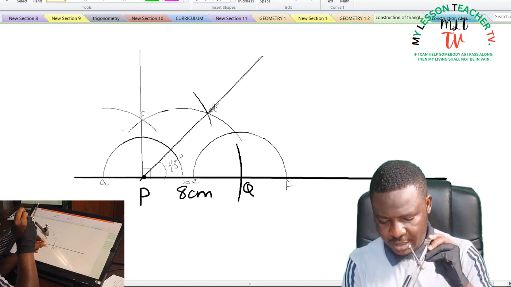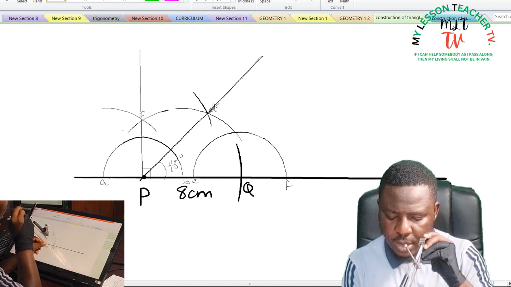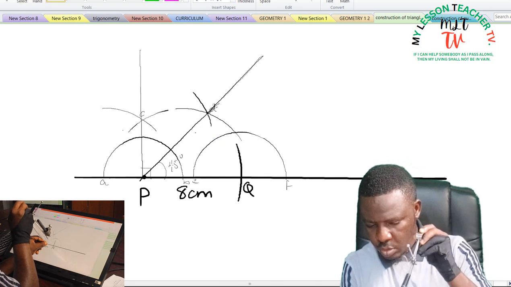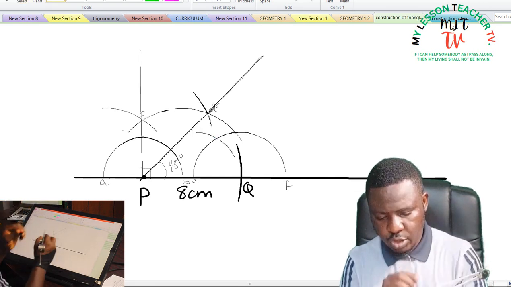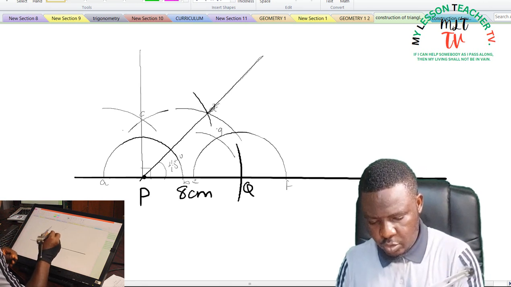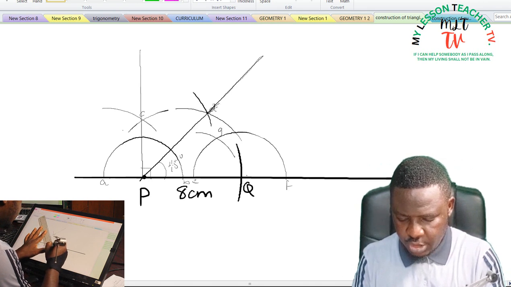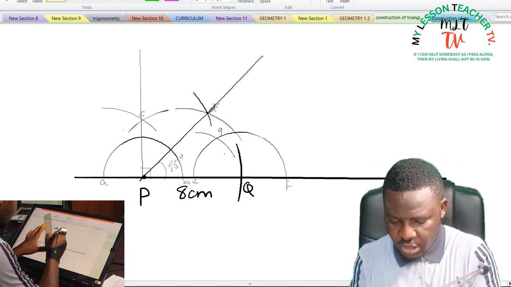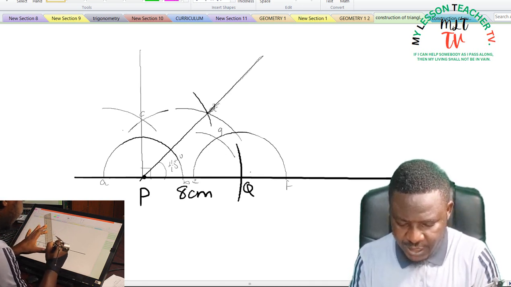With E as center, you construct an arc to cut across the semicircle. And this is said to be point G. You then join G and Q, and you ensure that it cuts across the line PD.